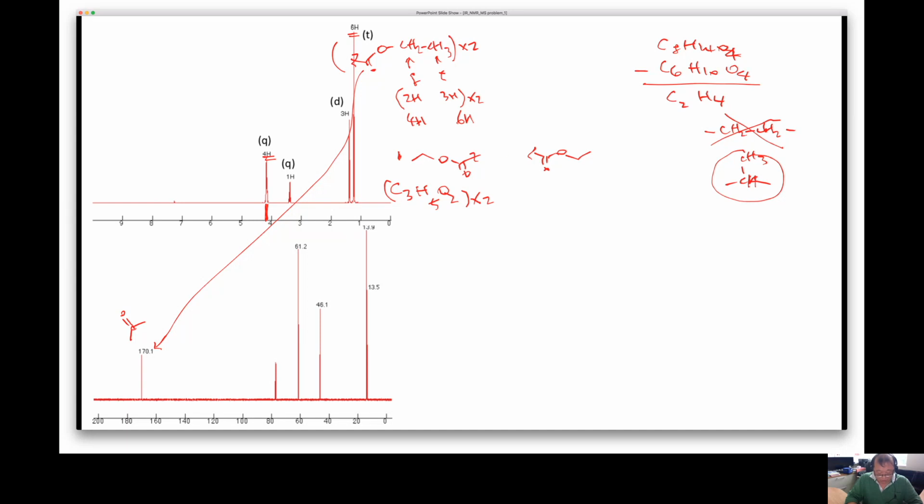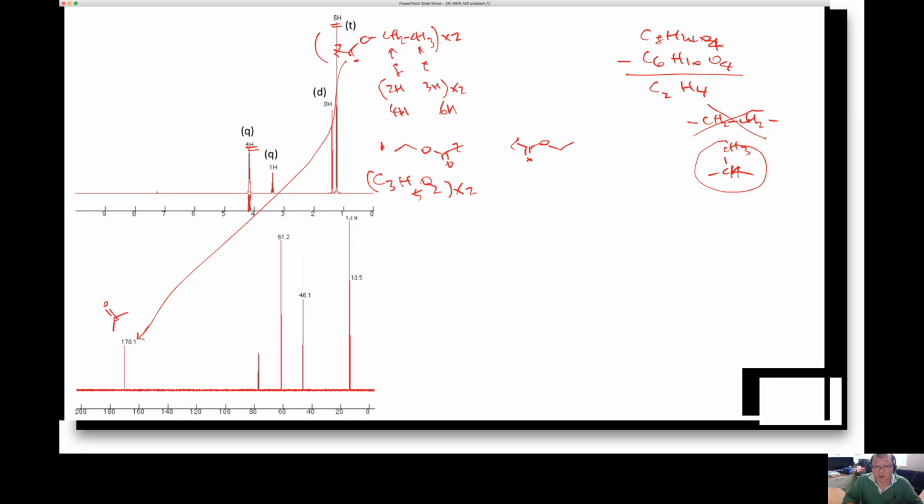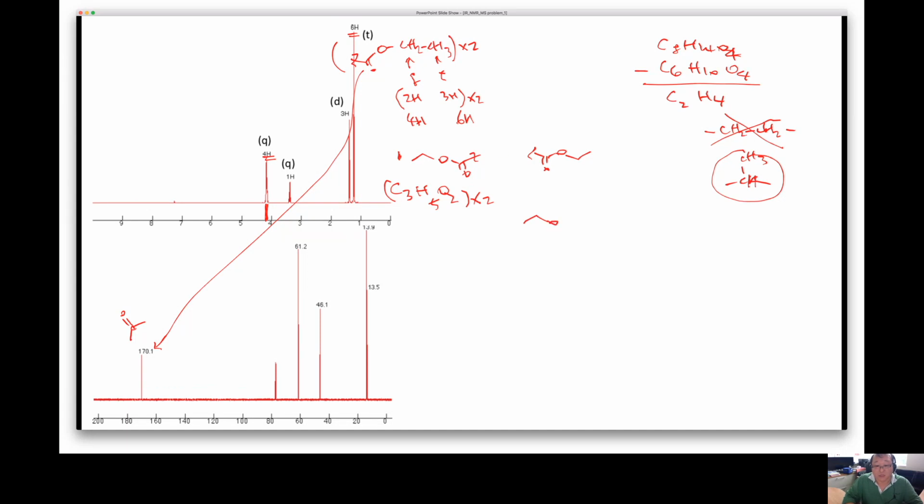If I write down the complete structure, you're going to see why it's so de-shielded. We've got ethyl ester, and then the CH comes there, and then CH3 is here. This one is surrounded by two carbonyls, so it's supposed to be de-shielded significantly. That's why it comes up in the chemical shift.